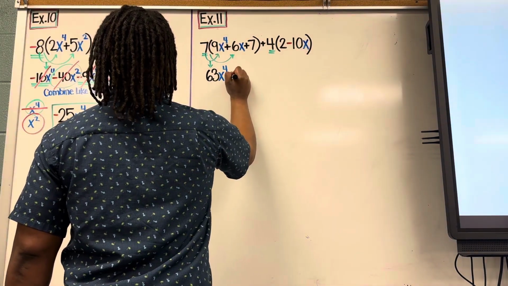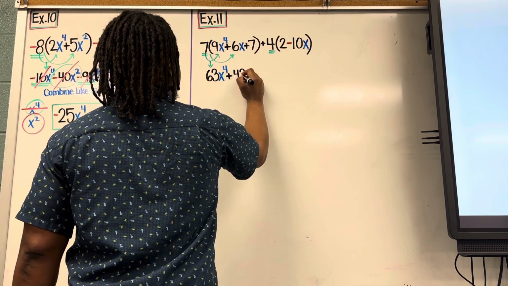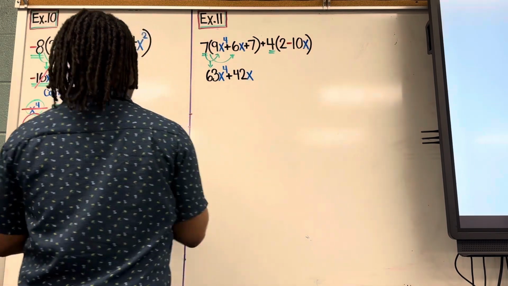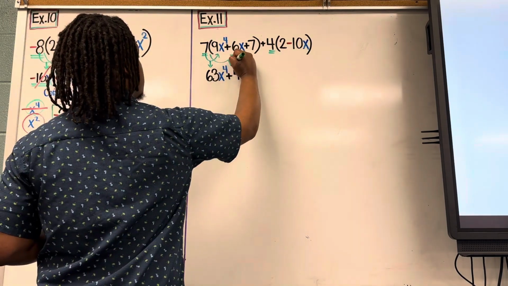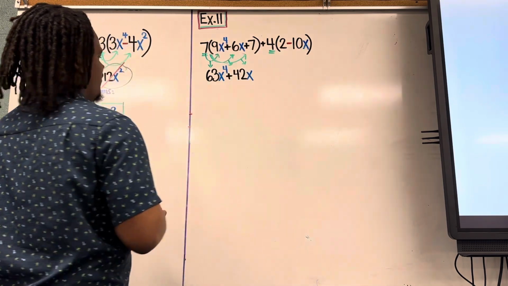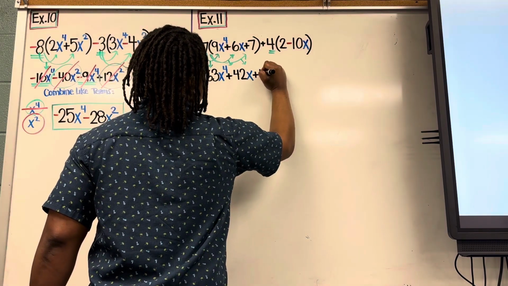So that's going to be plus 42x. And then, of course, guys, 7 times 7 is 49. So it's going to be a plus 49.